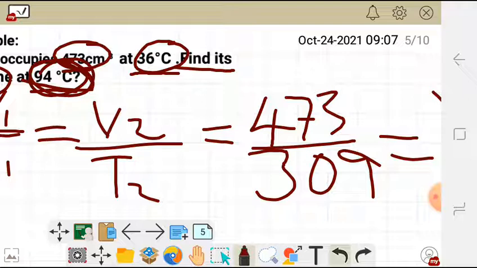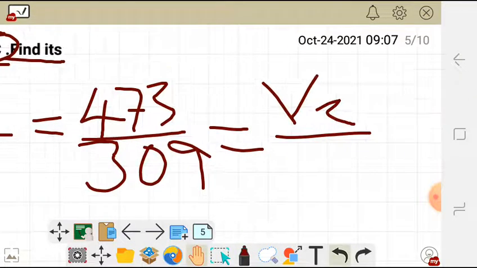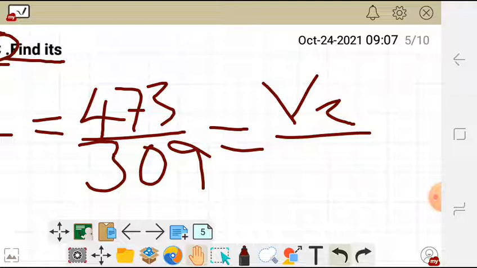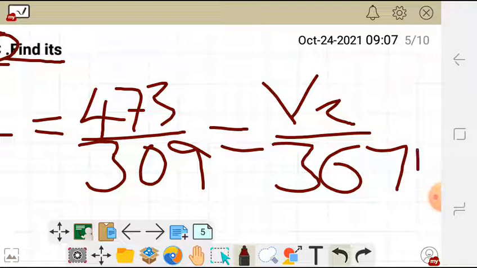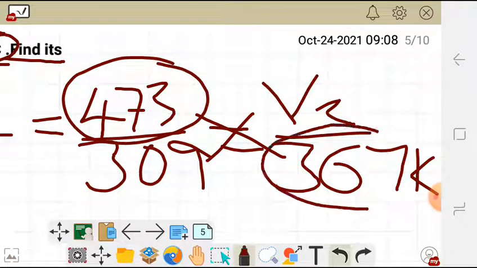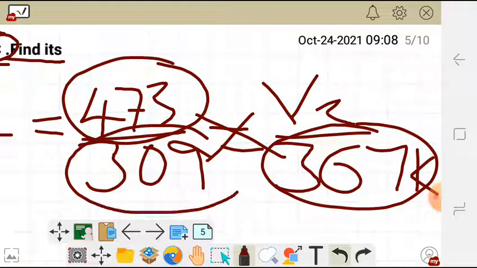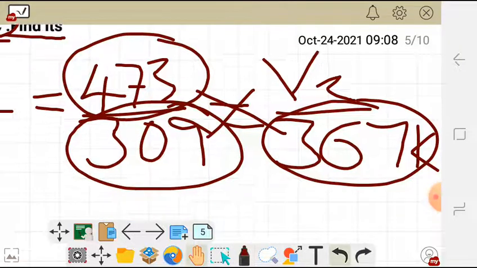We add 273 to 94 degrees Celsius, and we get 367. So we write 367 kelvins. Here you cross multiply, then you multiply 473 by 367 divided by 309.